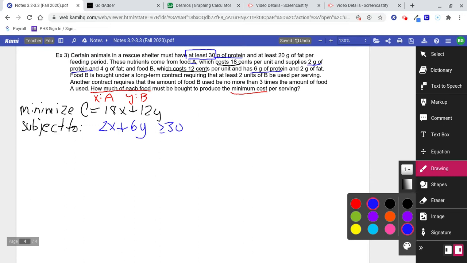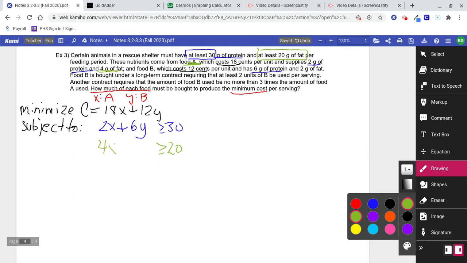Then, as you keep reading, you see another at least 20 grams of fat. At least 20 means something is going to be greater than or equal to 20. But they're talking about fat, so you've got to match it up with the other numbers that are talking about fat. They're talking about food A right here, which costs blah, blah, blah, and supplies 4 grams of fat.